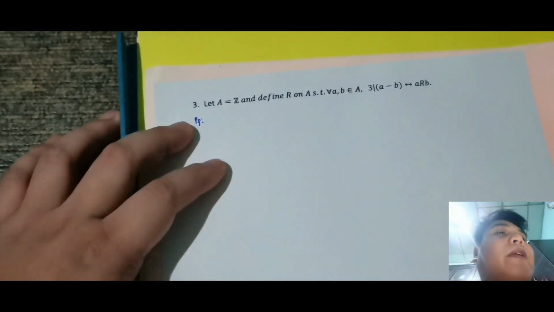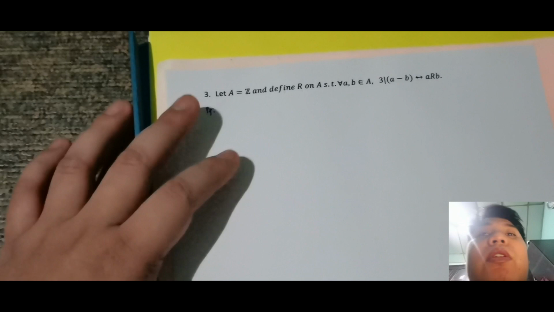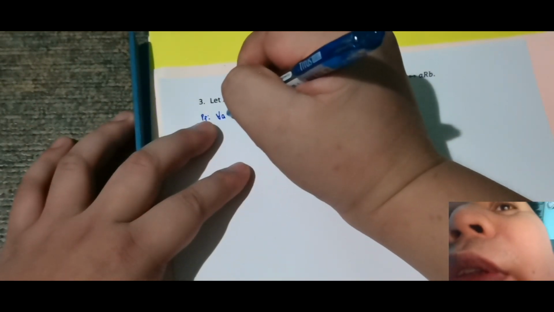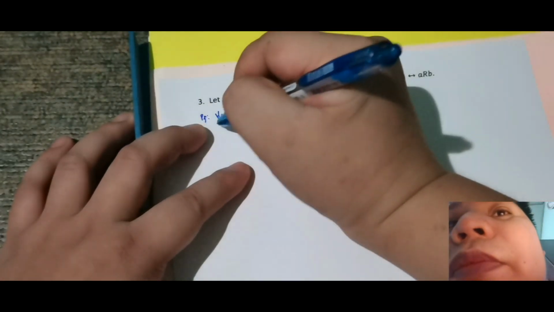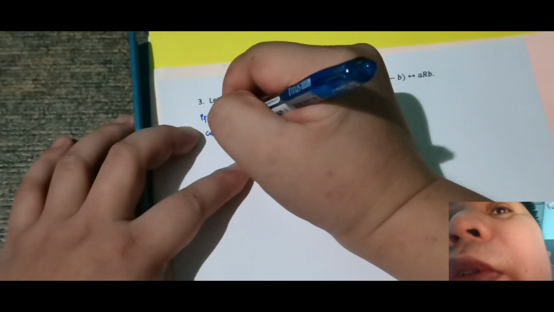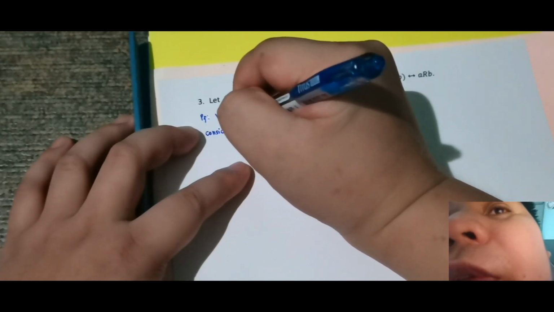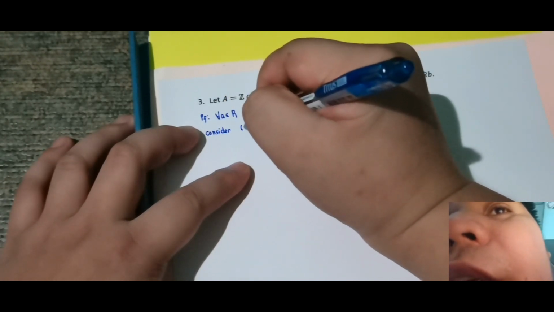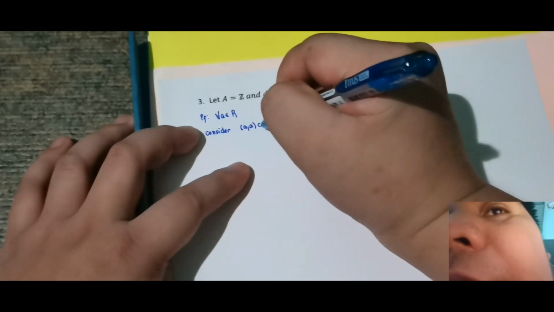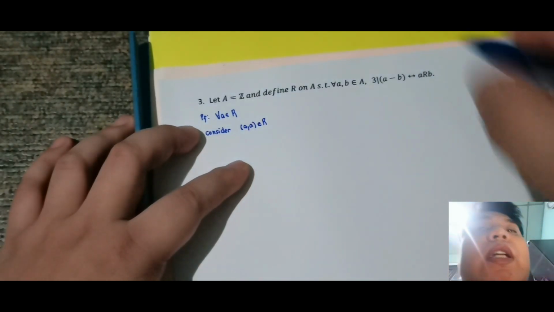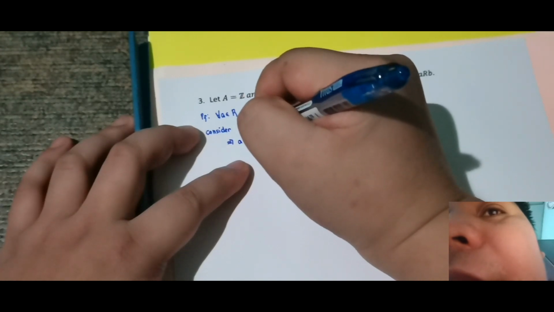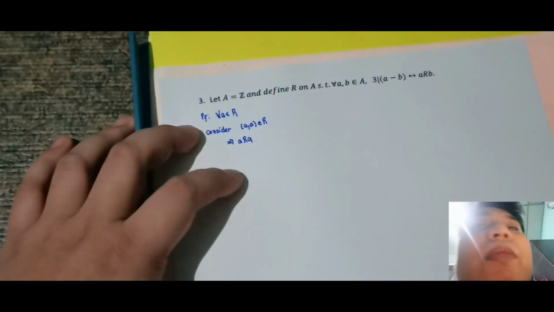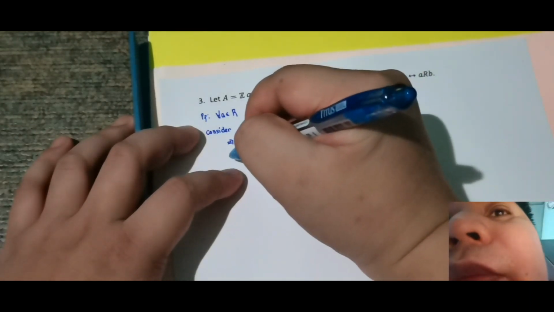So hoping na siya ay equivalence relation. So test for reflexive. Okay, so for all A element of R, consider si A, A, element of R. Okay, this implies that A is related to A, which implies by definition of R, ano sabi doon?